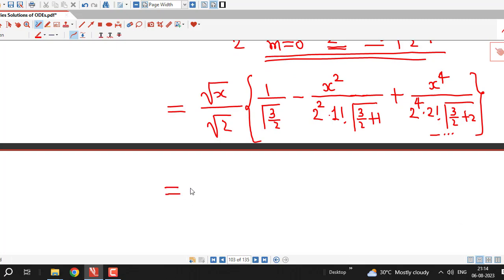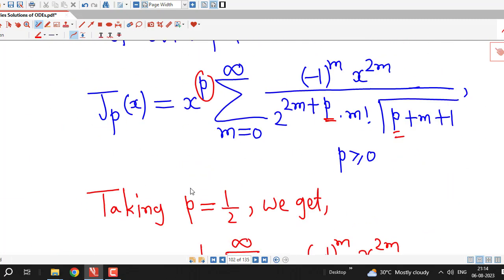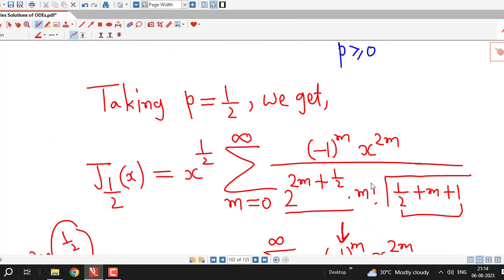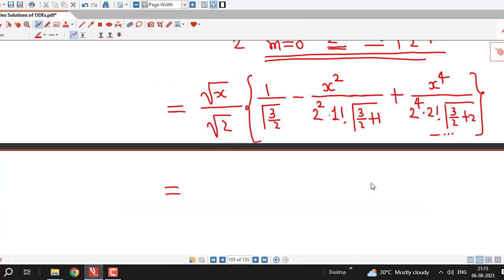Now in the next step, if you observe, we want to prove that this is equal to multiple of series of sin x, and here we have odd powers of x, and here you can see we have even powers of x. So for that I have to multiply every term of this series by x, so that I can adjust. I divide by x and I multiply by x, this quantity as it is.